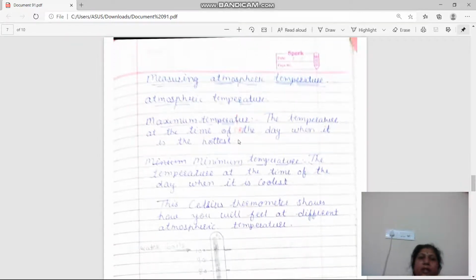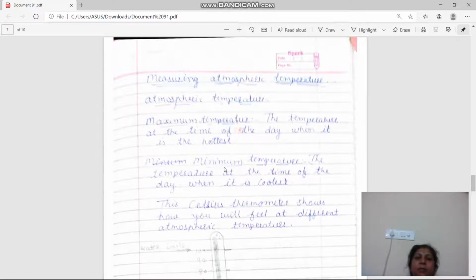The temperature at the time of the day when it is the hottest, means the temperature of a certain city or certain area when it is very hot, that means in the afternoon, or we can say at 12 noon, right? So the temperature recorded at 12 noon is the maximum temperature.